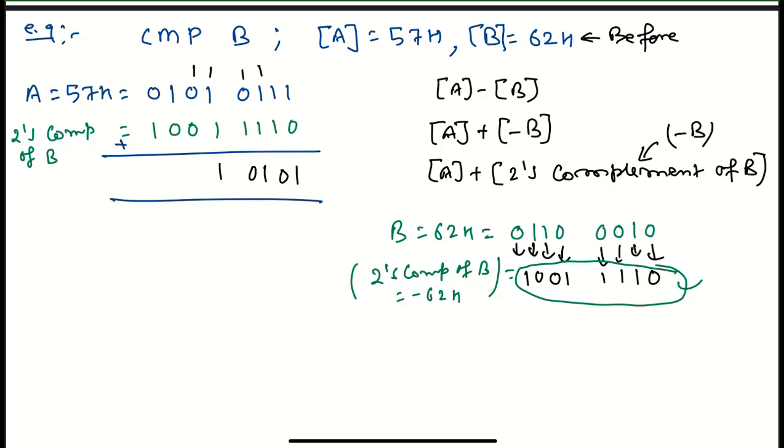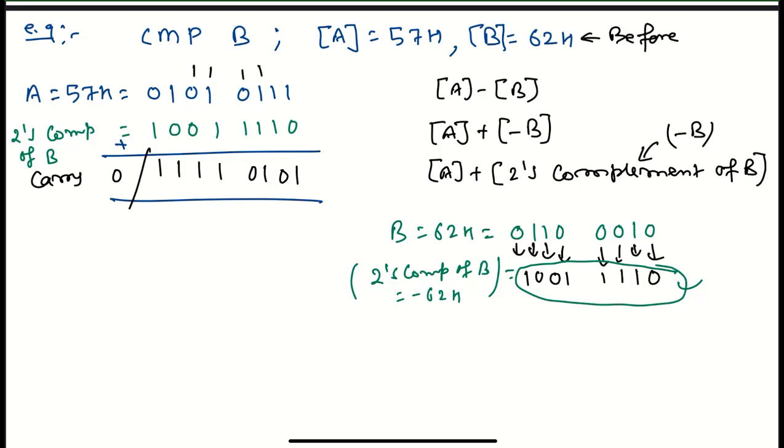From the sixth stage, 1 0 0, sum will be 1 and carry will be 0. From the seventh stage, 1 plus 0, sum will be 1, carry will be 0. And from the eighth stage, which is the last stage, 0 plus 1, sum will be 1 and carry is 0 here.